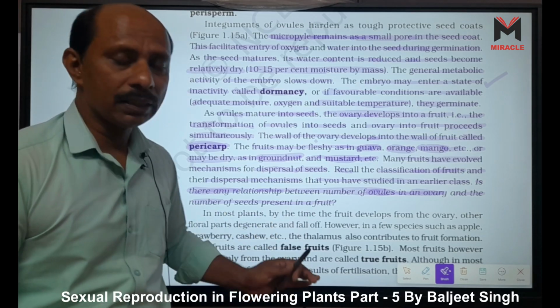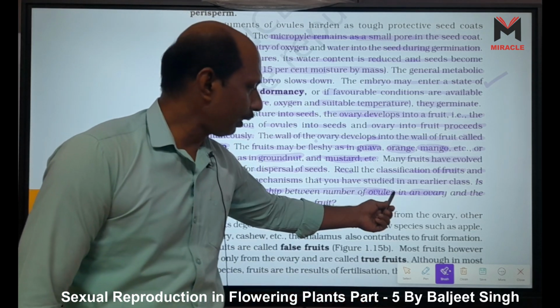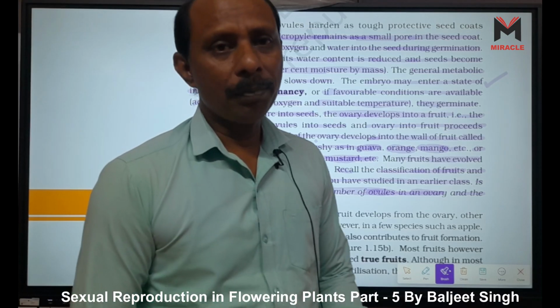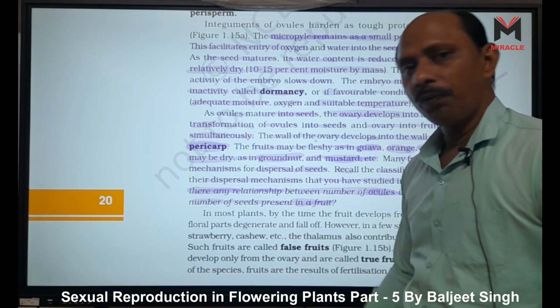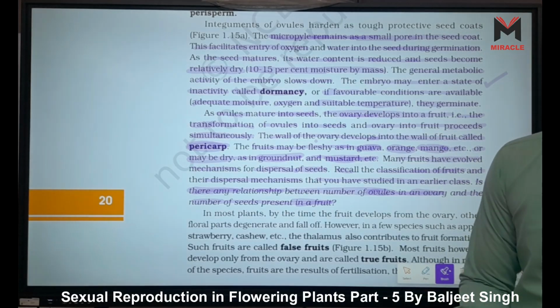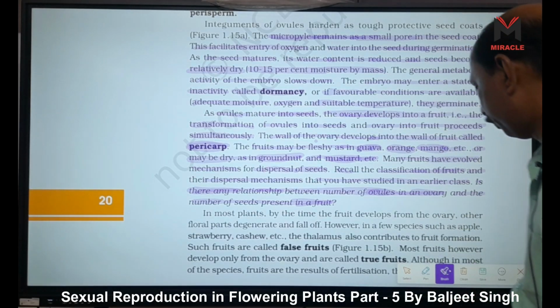A single ovule means only a single seed is formed. As for example, in papaya, many seeds are there, which means many ovules are there, right? In mango, only one seed is there, because only one ovule is there.